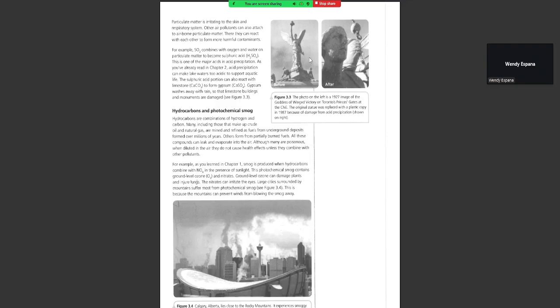We know ozone is healthy and good to have when it's high up in the atmosphere, protecting us from the sun's UV rays. However, ozone can form at ground level, and it's toxic. It can kill plants. It can cause damage when you inhale it into your lungs. It can burn your eyes.